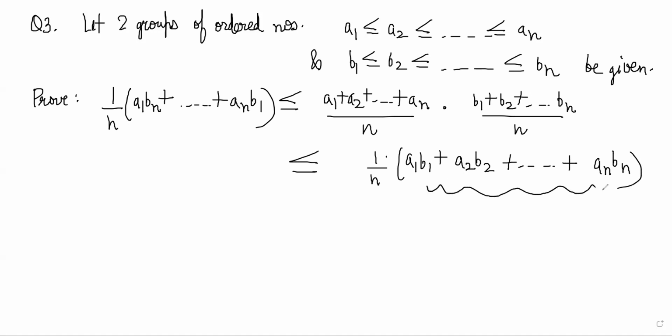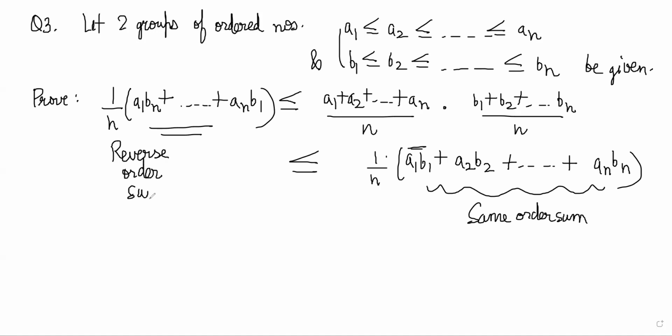This is the same order sum, right? Same order sum, because here you are multiplying the smallest terms with each other. The smallest terms and the largest terms are multiplied together, and this is the reverse order sum, right? So the first and third inequalities are automatically true by rearrangement inequality, right?